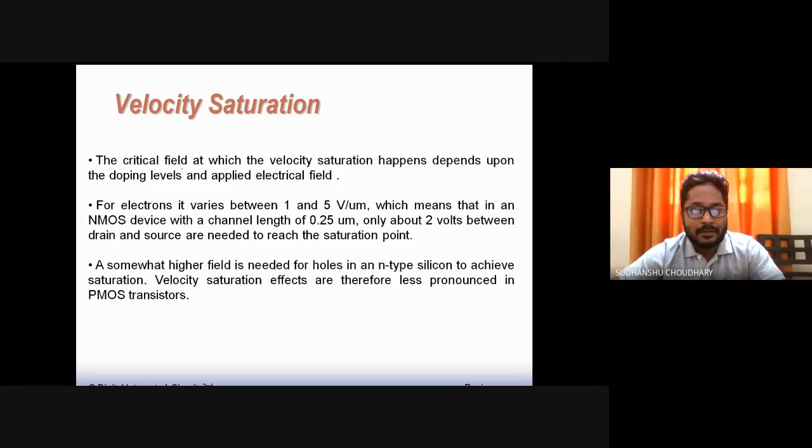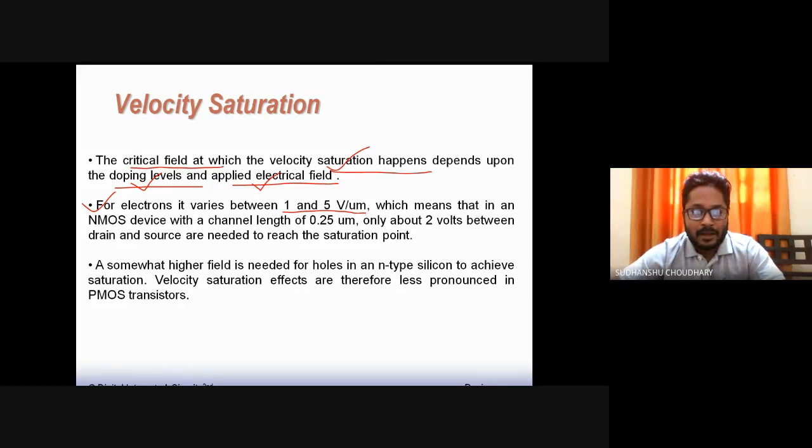Now this critical electric field at which the velocity saturation happens depends upon the doping levels and the applied electric field. So two things are important, that is, doping levels and the electric field. For electrons, this critical electric field varies between 1 and 5 volts per micrometer.